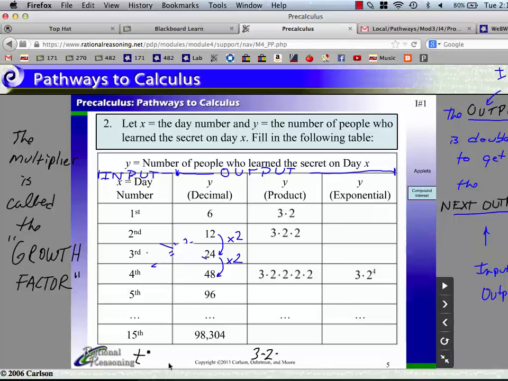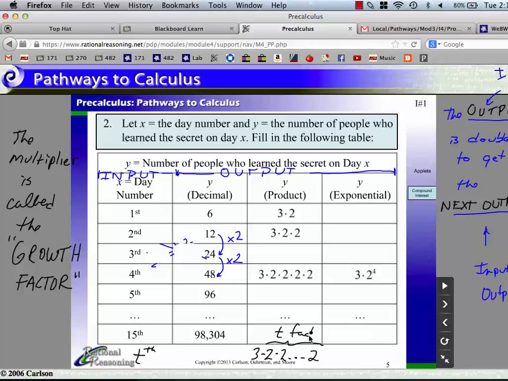How do we do the product notation for the t day? Patrick. It'd be 3 times 2 times 2, dot, dot, dot, times 2, and then that's t times. What's t times? The number of 2's, right? So we're going to multiply by 2, t times.